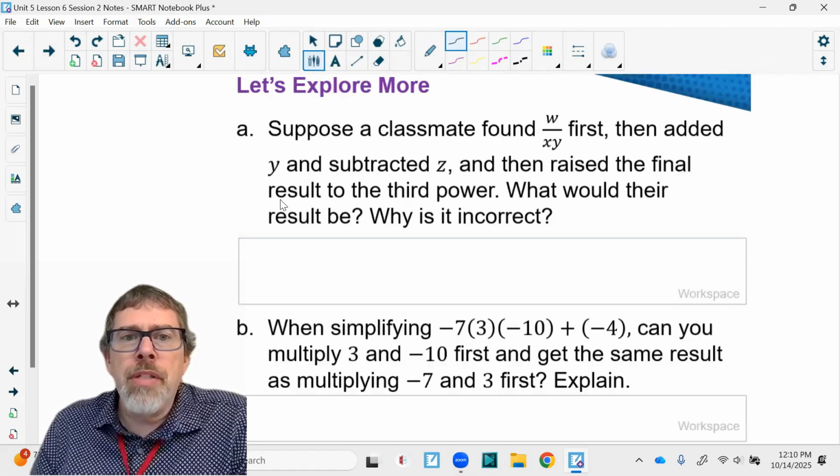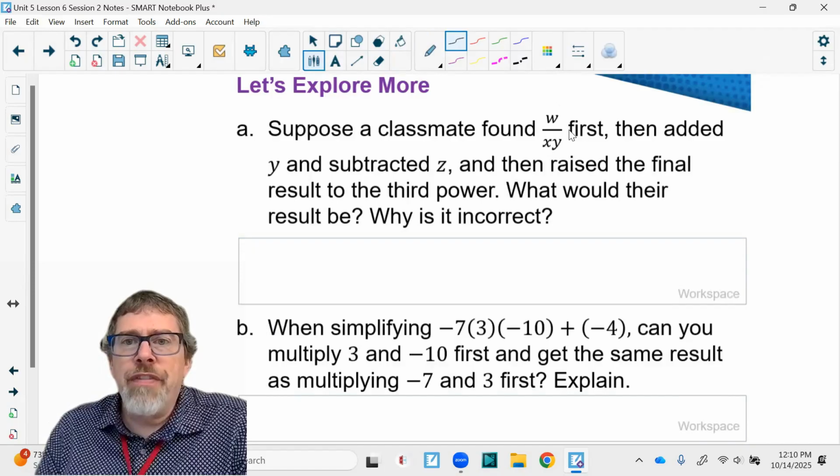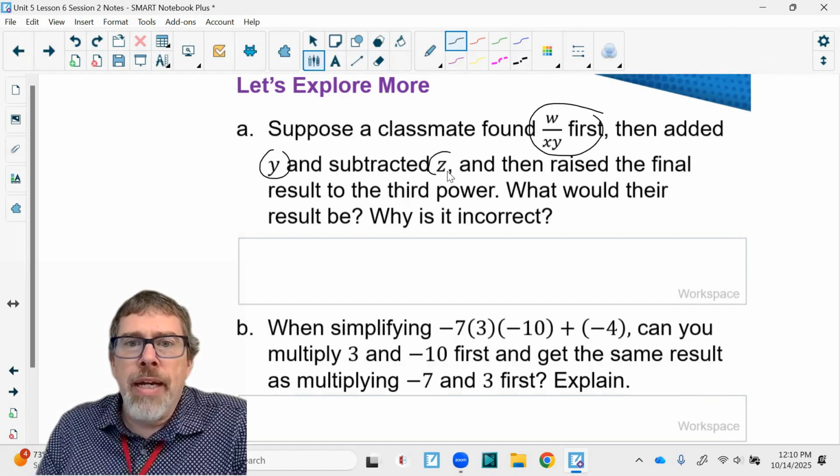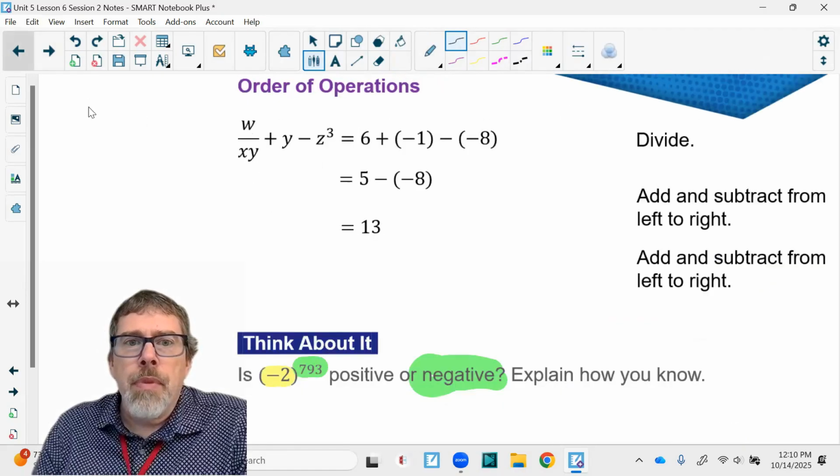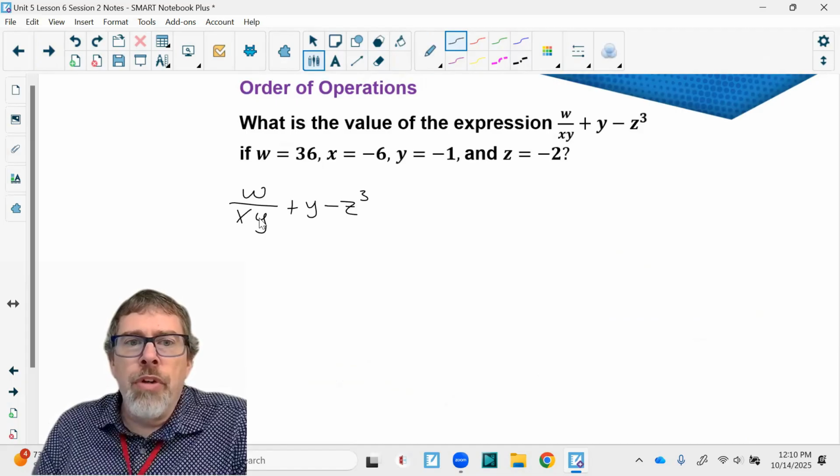So the next problem says, suppose a classmate found W divided by XY first, then added Y and subtracted Z in that order. So let's do W over XY first. Well, we need to substitute.